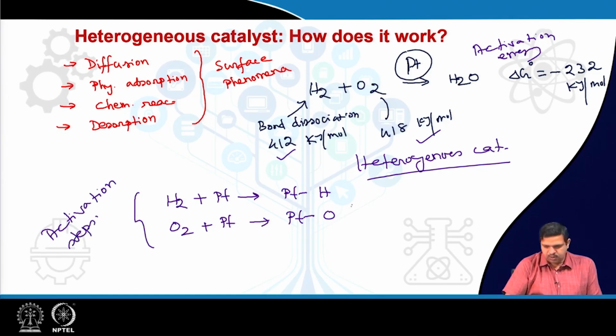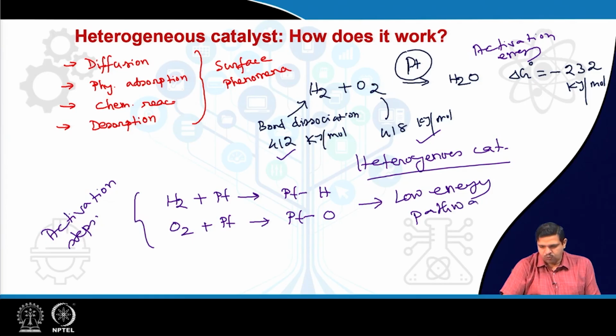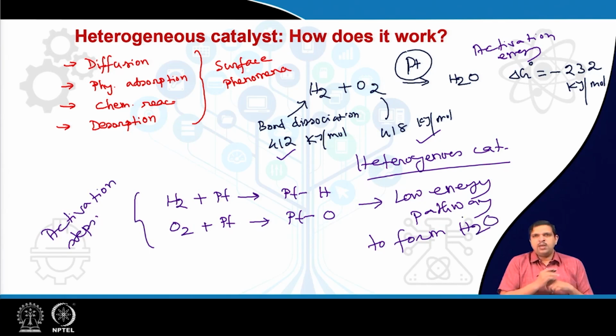And then it undergoes a low energy pathway to form H2O. Okay. So, this is a very classical example of a heterogeneous catalyst system.